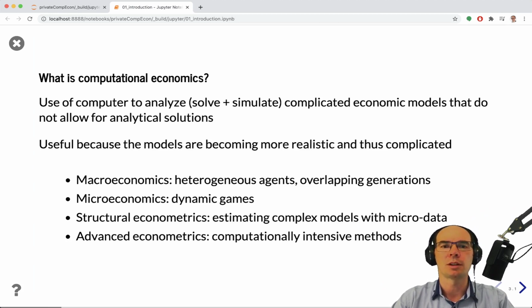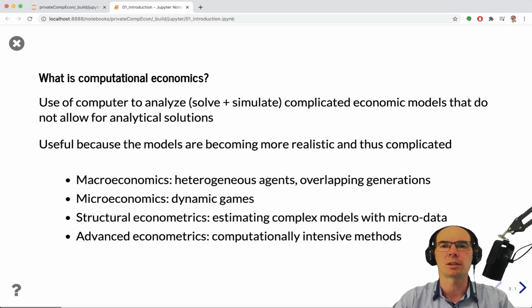And therefore, we may want to compute the solutions of the economic models such that we understand what they imply. The examples of this numerical work can be found anywhere across the economics field.